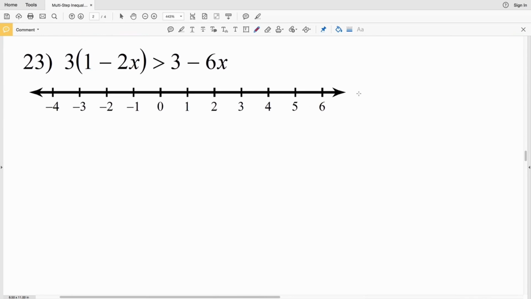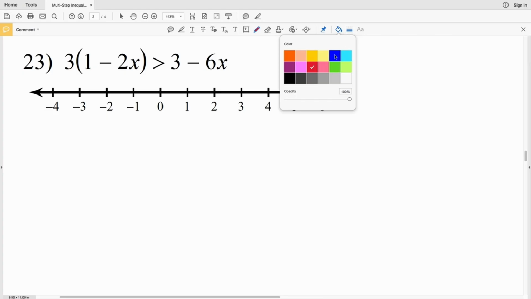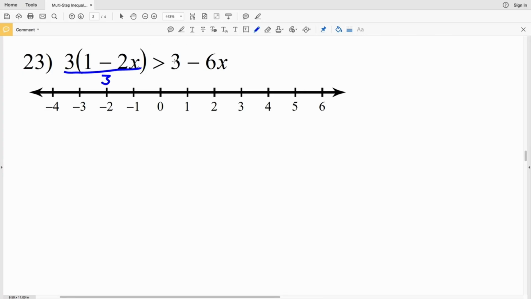Number 23, we have 3 times 1 minus 2x is greater than 3 minus 6x. I'm going to start by dividing by 3 since both the 3 and the 6 are divisible by 3. That'll leave me with 1 minus 2x on the left, and that's going to be greater than 1 minus 2x on the right.